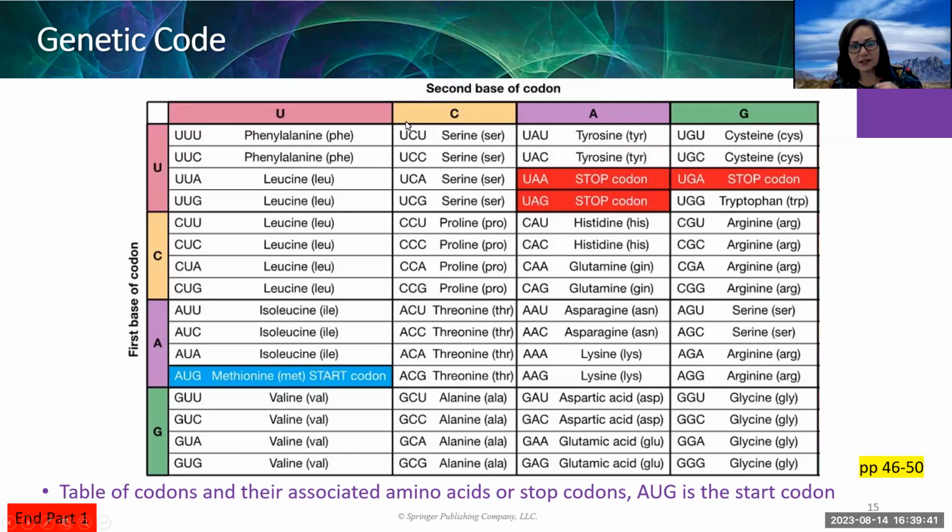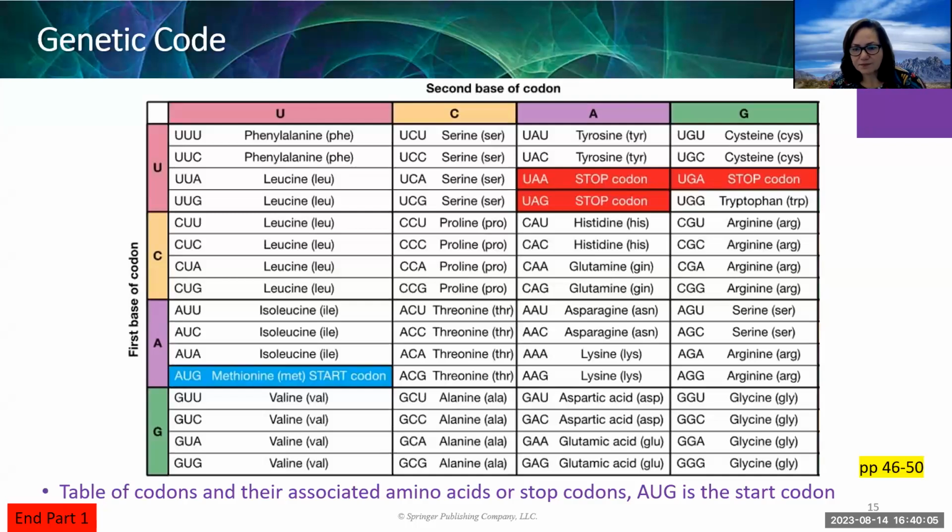And then the third letter of the word can be any of these things, and it still means I want the amino acid serine. So there's some overlap, there's some sloppiness, if you will, in this code, where you can pronounce it this way, or you can pronounce it this way, or you can pronounce it this way. It all means serine. Bring me the amino acid serine.